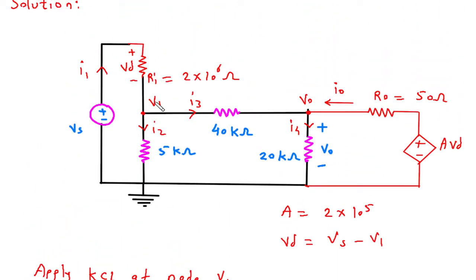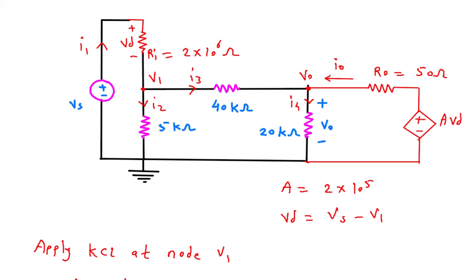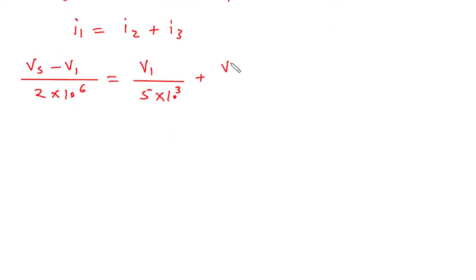Now I2 is V1 minus 0 by 5 kilo ohm, plus I3. I3 is V1 minus VO by 40k, 40 into 10 to the power 3.